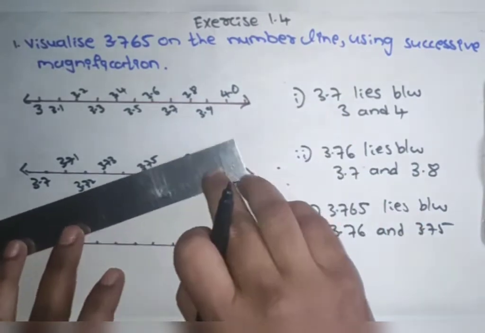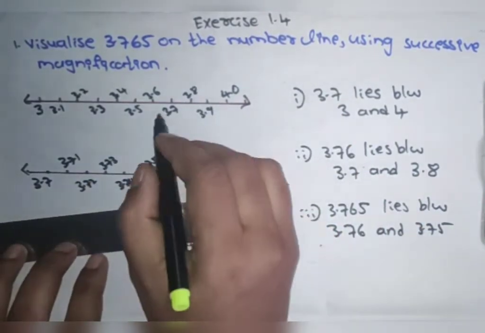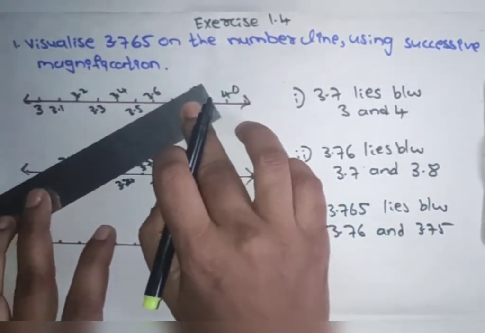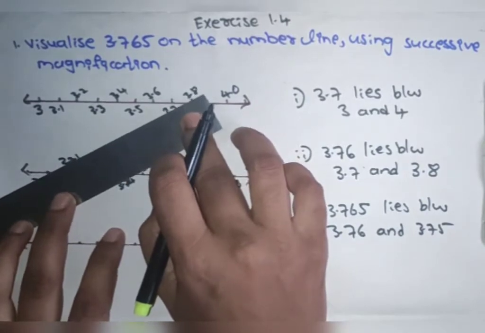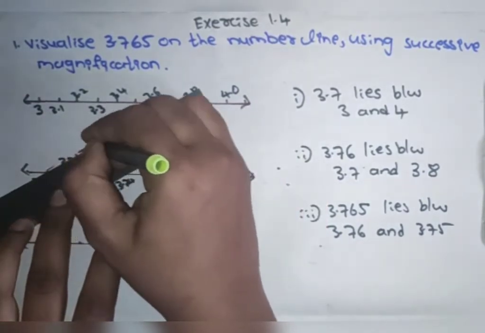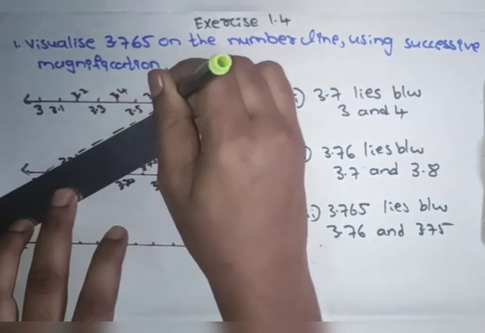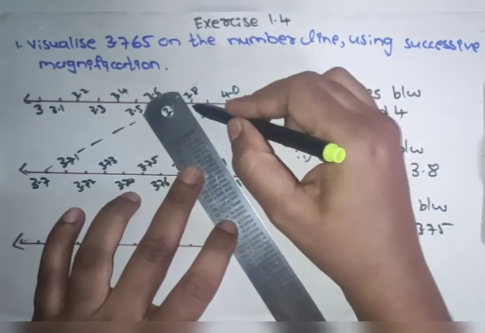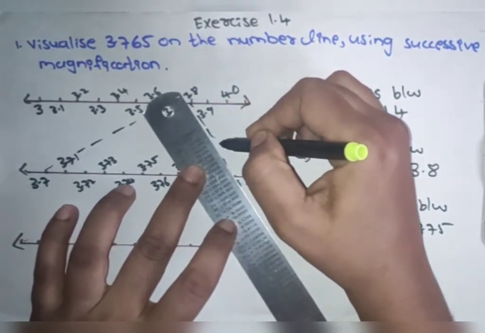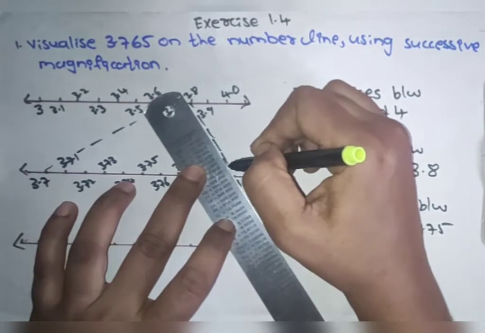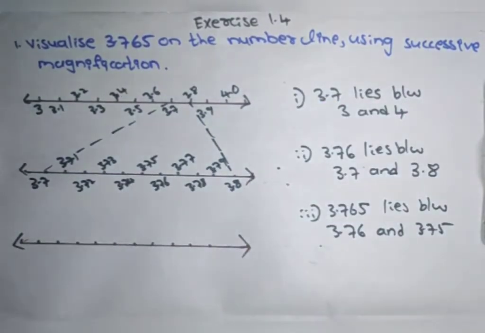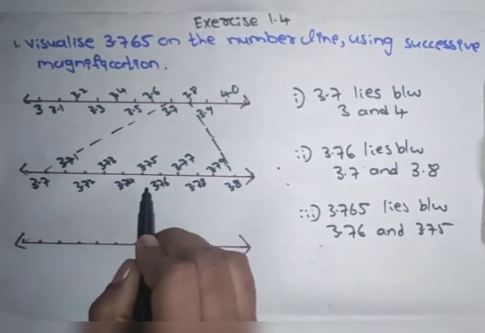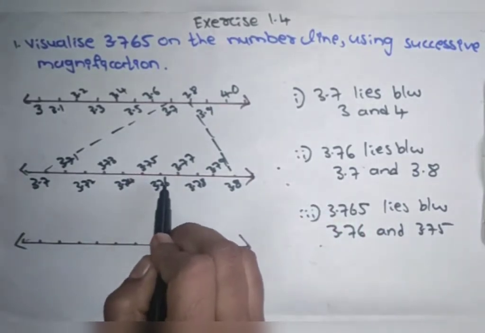Which number have we visualized here? 3.7 to 3.8. Mark a dotted line here, students. Here 3.8. Now which number do we have to visualize here? 3.76 to 3.77.